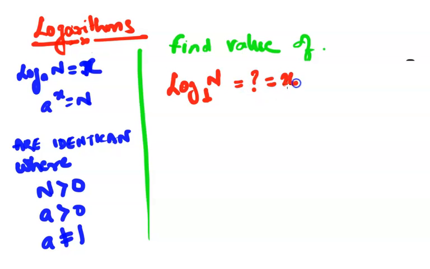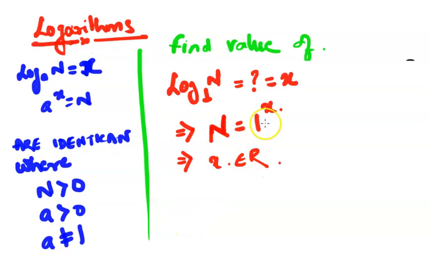Let's call it x. So this will mean what? n equals 1 raised to the power of x. Right? So anything raised to the power of 1 is 1. So this implies n equals 1.